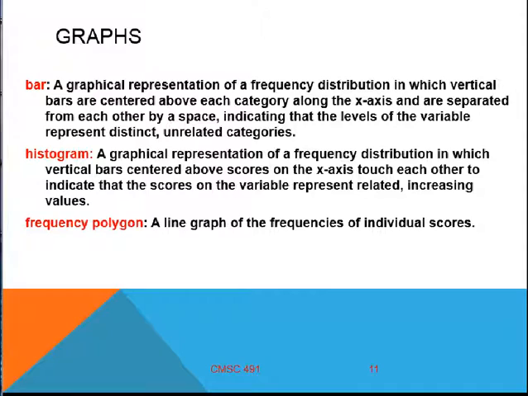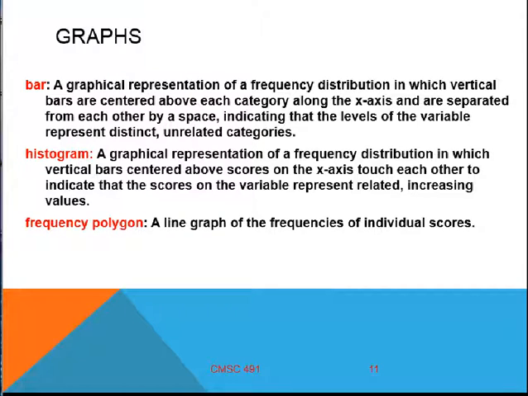We can use graphs to help provide a visualization, which gives us a more quick insight into the information we're studying. And there's several types of graphs that we can use. A bar chart is a graphical display for depicting qualitative data.